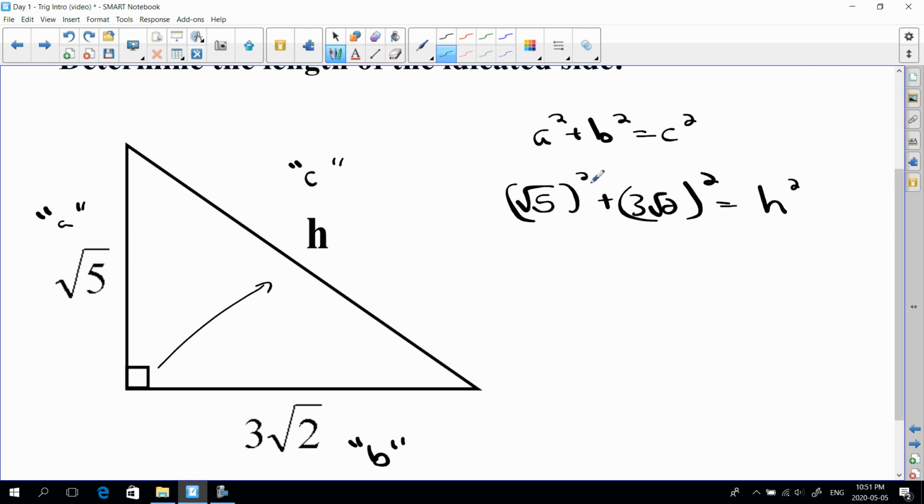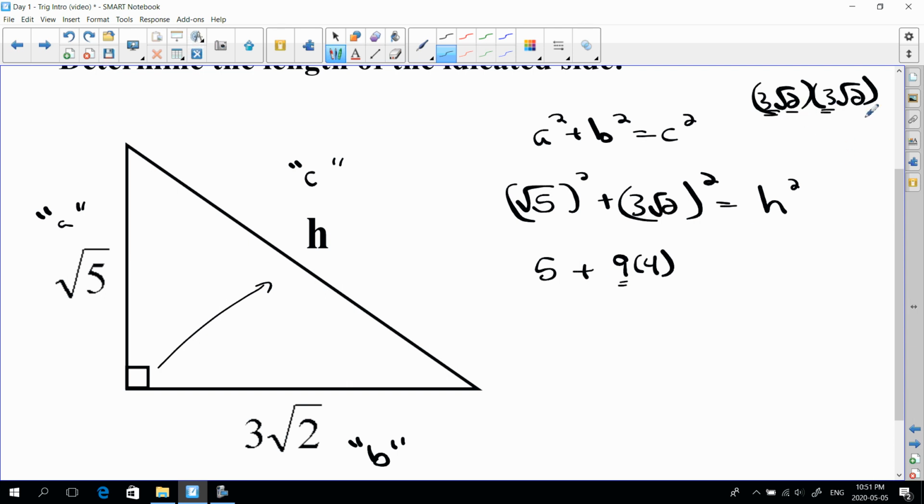So root 5 squared. Remember, that means root 5 multiplied by itself would give you 5. 3 root 2 times 3 root 2. Write that down if you don't know what it is. 3 times 3 is 9. Root 2 times root 2 is 2. If you want to write this as 9 times 2, that's fine. But understand where the 9 times 2 came from. 3 times 3 gave me the 9.